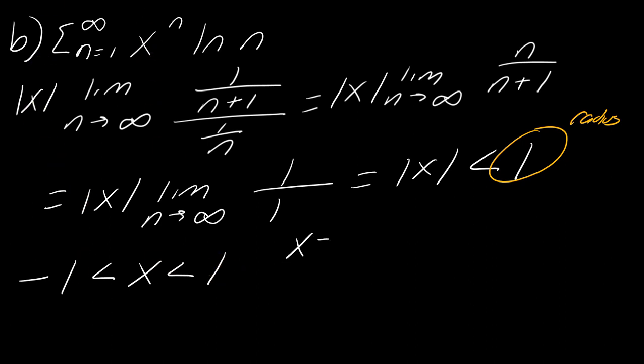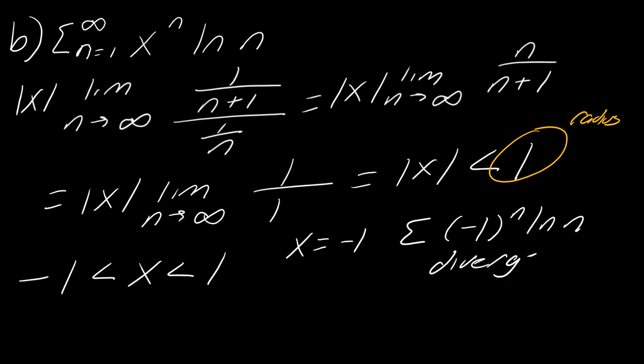So if x equals -1, what am I left with? I am left with -1 to the n times the natural log of n. Well, this is definitely going to diverge. This is going to be some values that are greater than 1, so this thing is just going to bounce all over. So this is going to diverge.